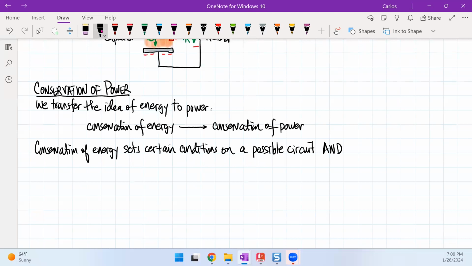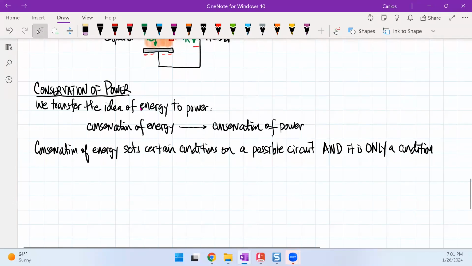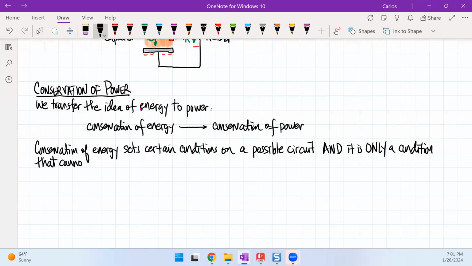And it is only a condition that cannot be isolated from the other conditions of the circuit.